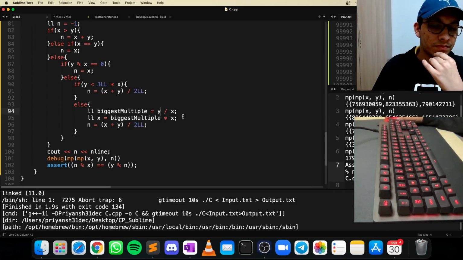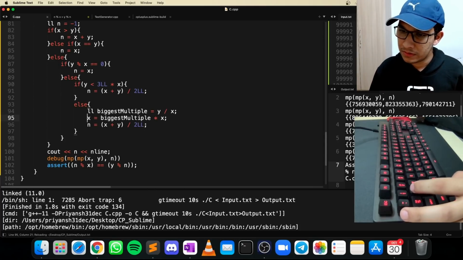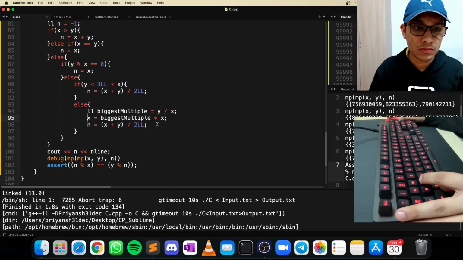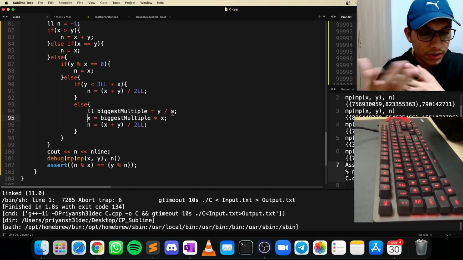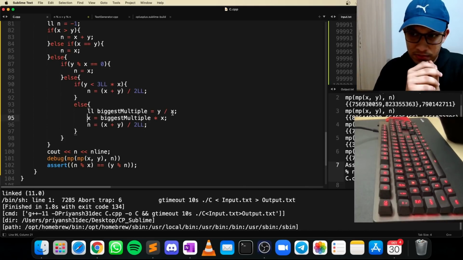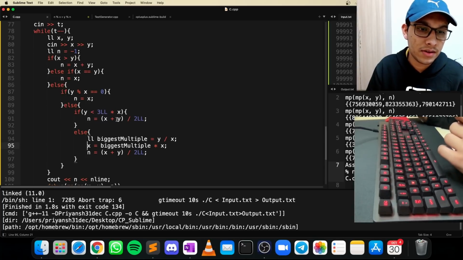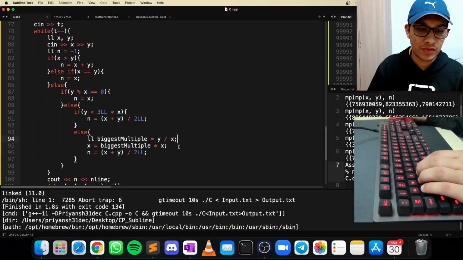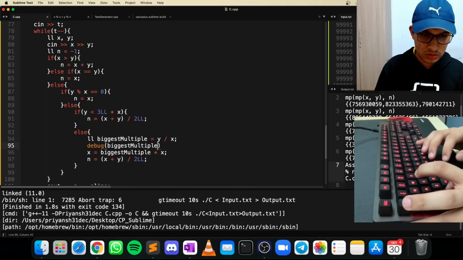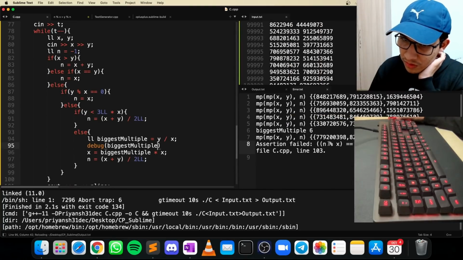y by x, okay, so this had to be, I don't understand what this is. The biggest multiple is y divided by x. That is the biggest multiple of x that I can get near to y. If y is less than 3 into x, then this is already done, right? Biggest multiple is 6.